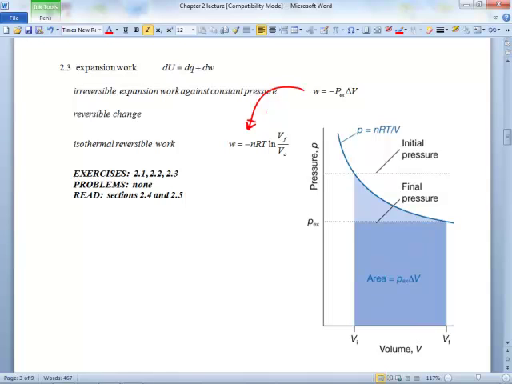Negative, right? Because look at these little infinitesimal changes. You could write, we had it before, whether you have little infinitesimal changes or a big macroscopic change, right? If your system does work, that W is going to be negative, or the dW is going to be negative, right? It's an infinitesimal amount of work.